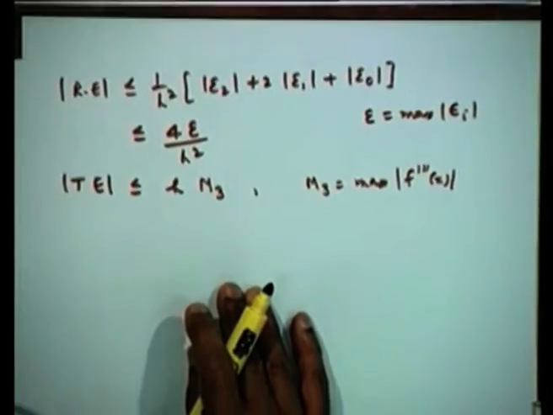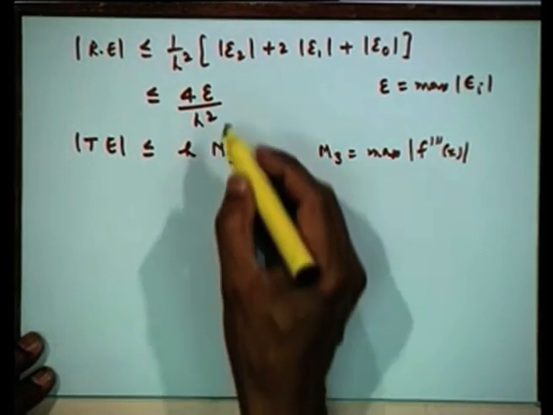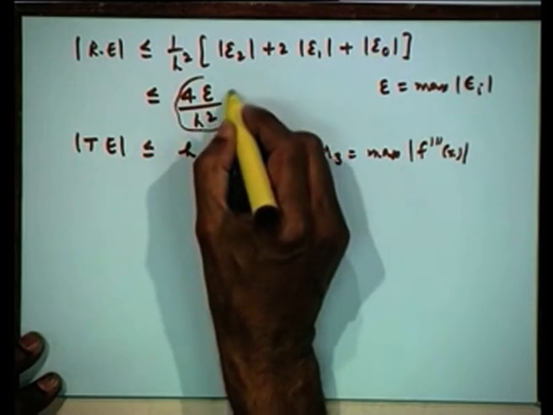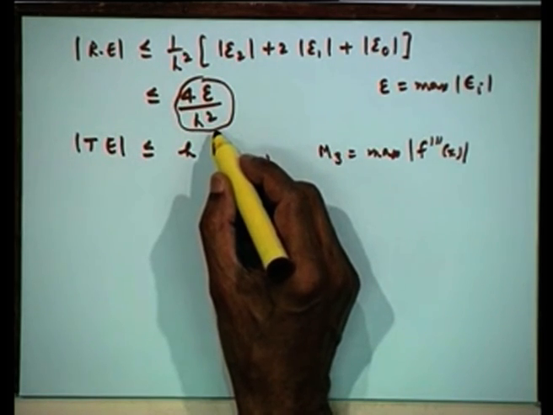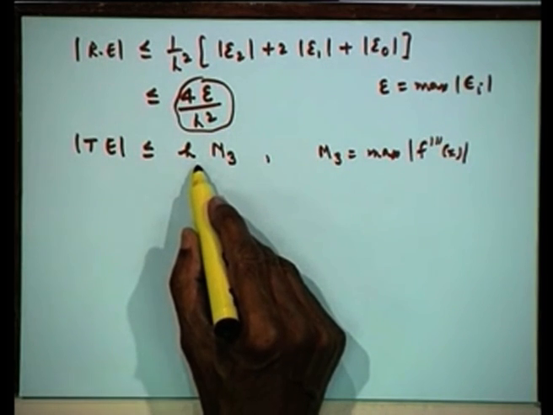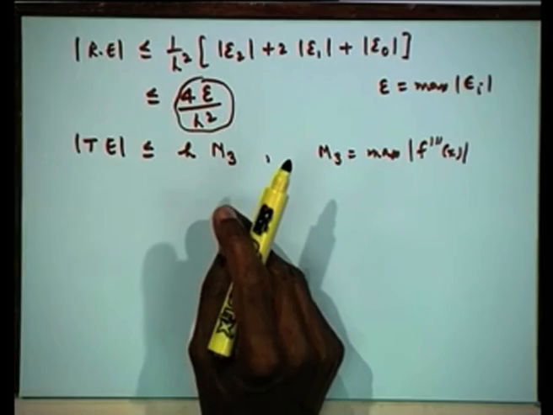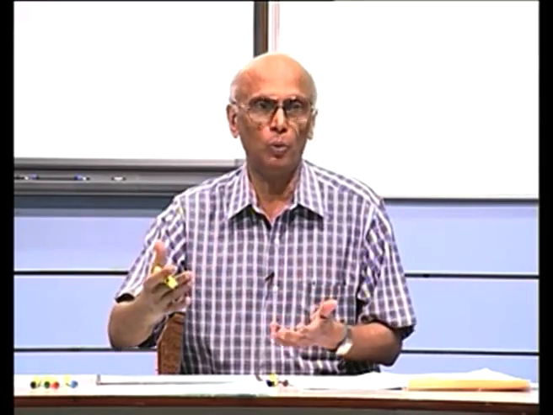Now, you can see why we were so worried about the round off errors. If you look at this quantity, the round off error is being divided by h square, whereas the truncation error is multiplied by h. What we mean by convergence is that if you are given a table of values with a step length, say 0.5, and I reduce the step length by a factor, then it will be much more accurate.